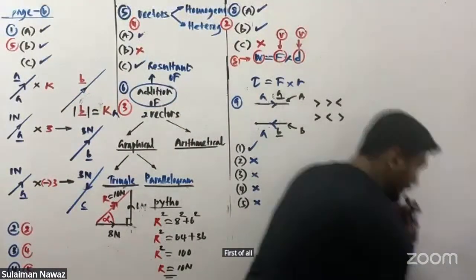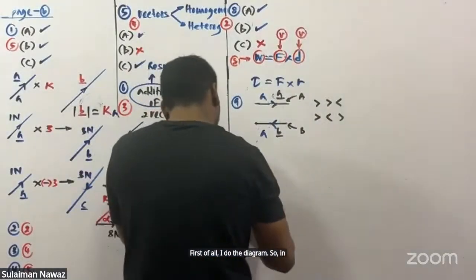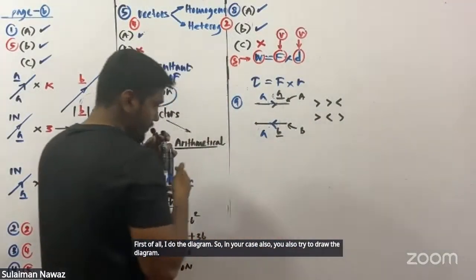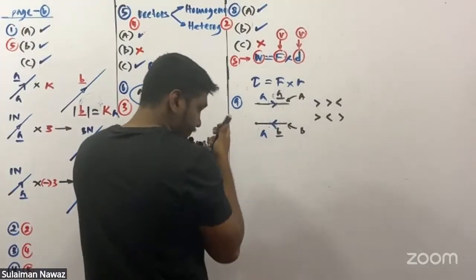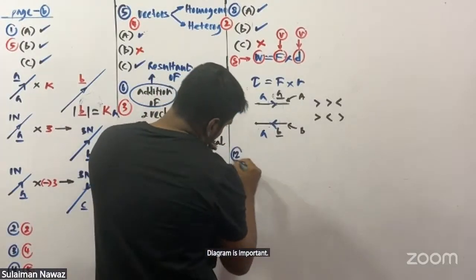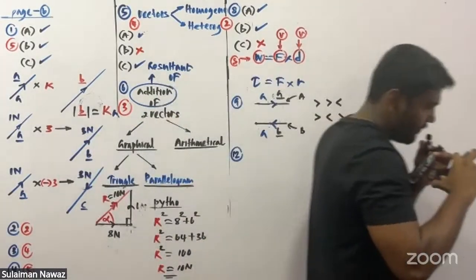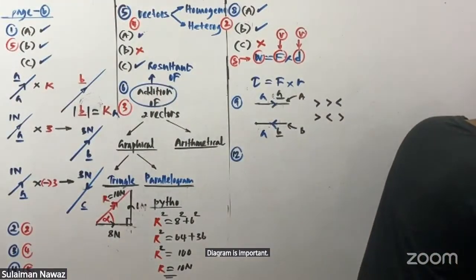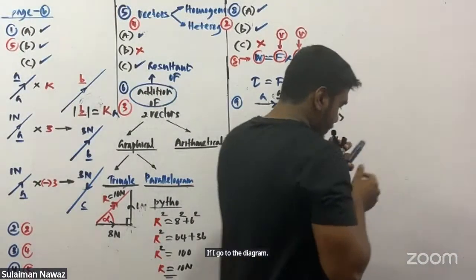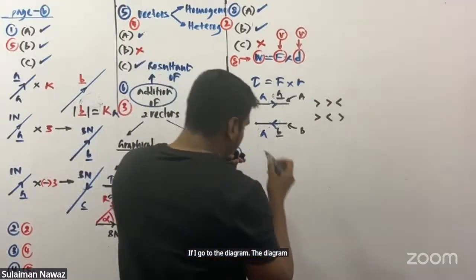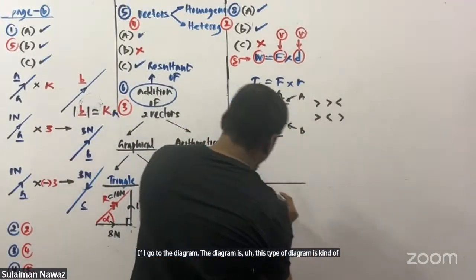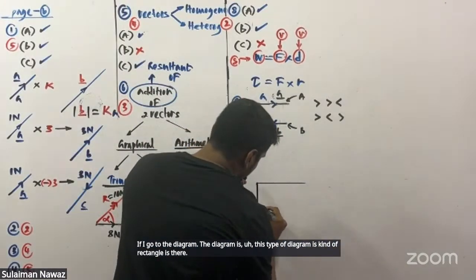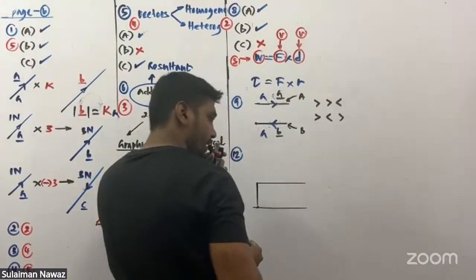First of all, I do the diagram. So in your case also, you also try to draw the diagram. The diagram is important. If I do the diagram, it's this type of diagram, kind of a rectangle is there. Then there's a kind of triangle.